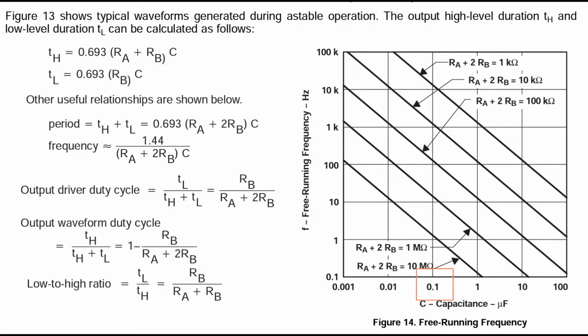So if we look at the x-axis of the diagram to the right, it says there is the capacitance in microfarad given. And so I have a capacitor here that is 100 nanofarad, and that is 0.1 microfarad. Like I can put the orange box around it.